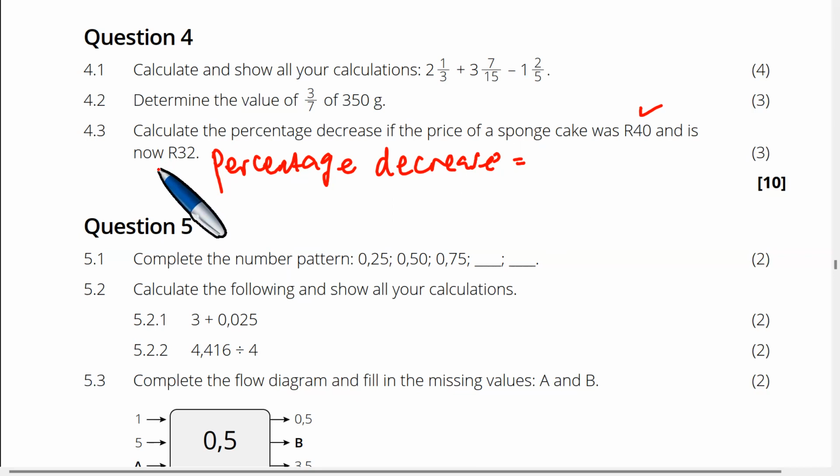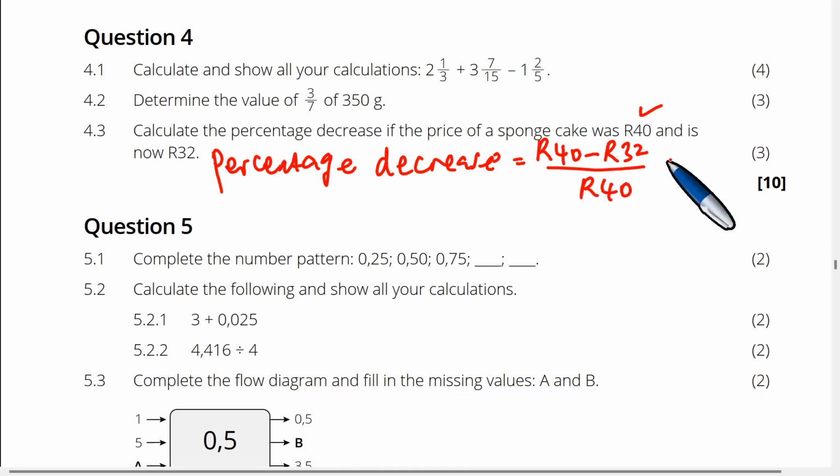So the price decreased. In other words, you have 40 Rand minus 32 Rand divided by the old price. You divide by the old price because it was 40 Rand before, now it's 32.